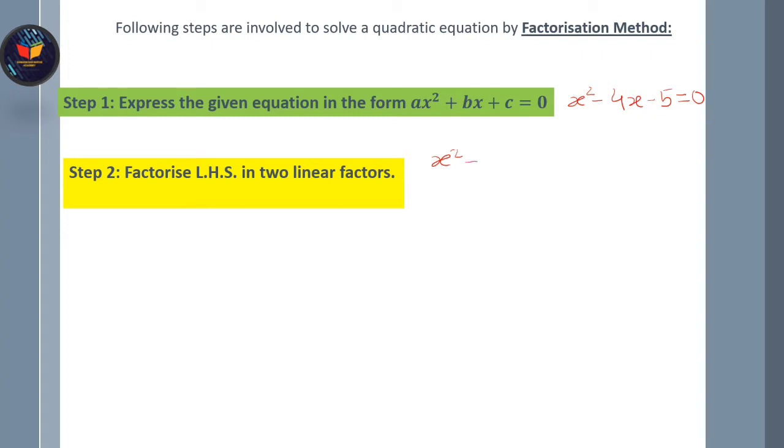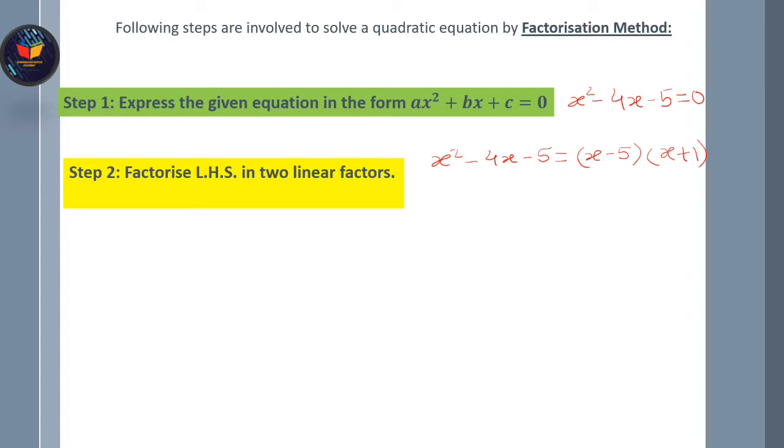So here x square minus 4x minus 5 is equal to, now two linear factors of this quadratic equation are x minus 5 and x plus 1. How are x minus 5 and x plus 1 coming? We are going to solve it in detail. So our step 2 done.